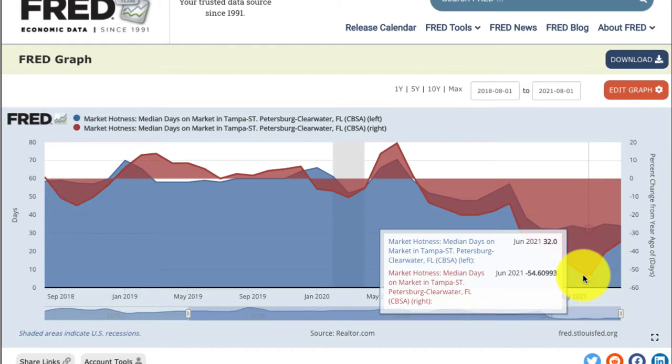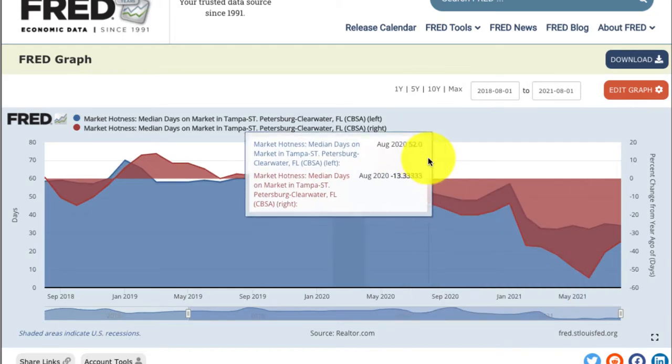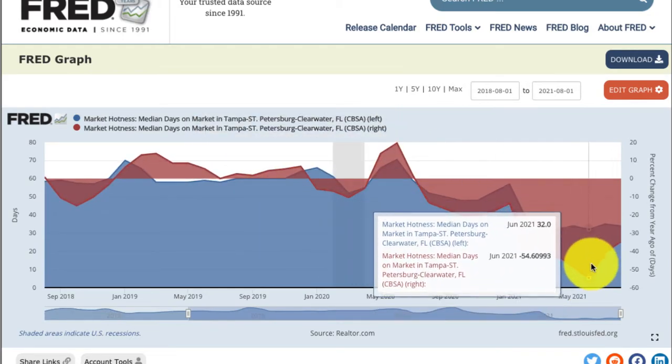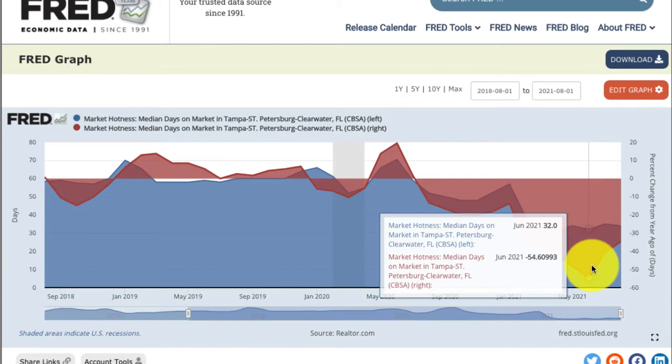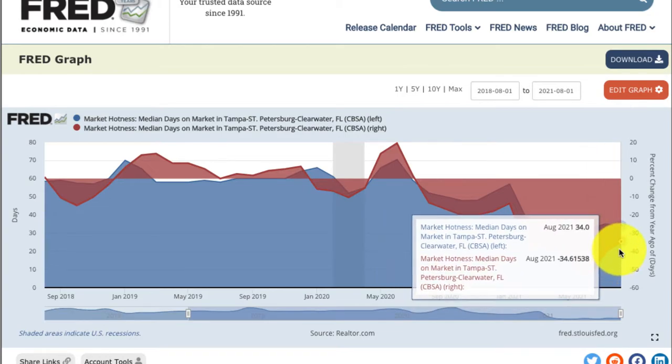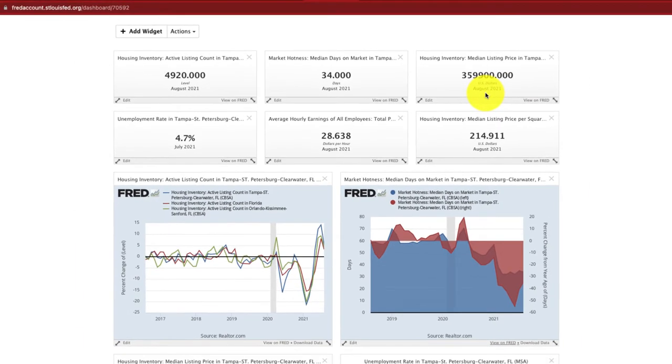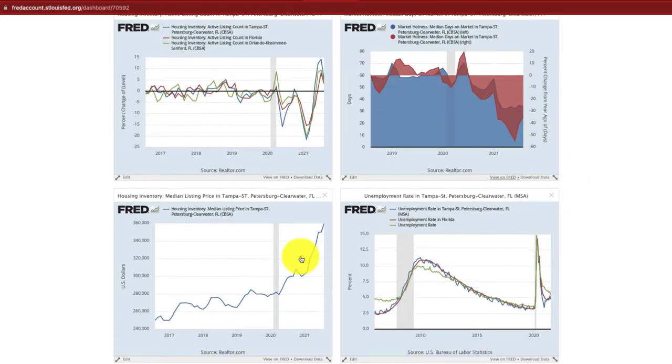And this is a 54% decline from the prior year. So right off the bat, we can understand this is definitely abnormal. And this was a very strong dip towards that direction. But as we see, it's climbing back up. On the right-hand side, we then have median listing price, which is always good to gauge what that price is.